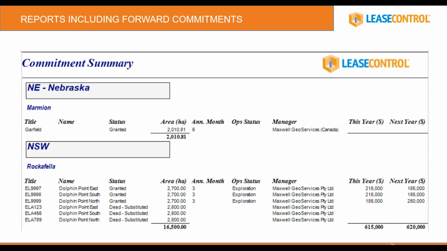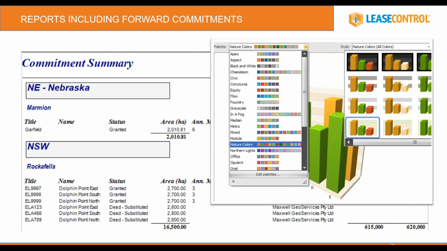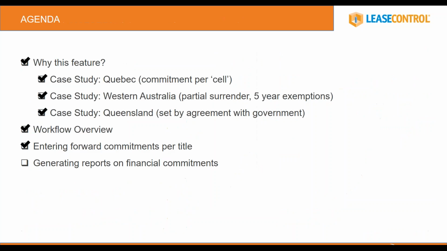After importing your actual expenditure to date, comparison reports can be generated. Remember, of course, that LeaseControl licensing can permit generation of reports such as these without the user being provided edit functionality. This facilitates wider company inclusion without risking the validity of your data.